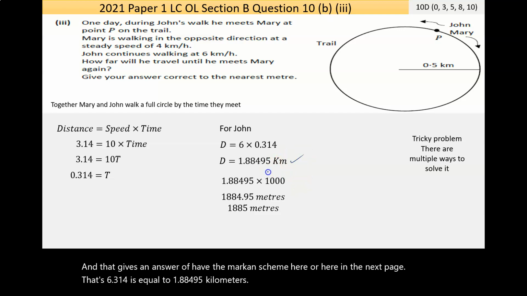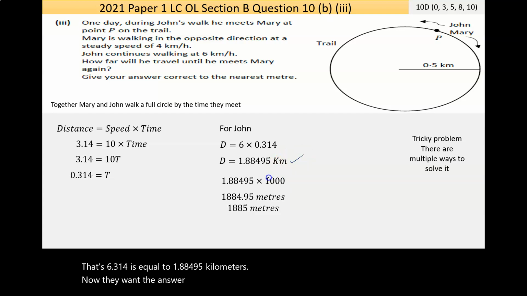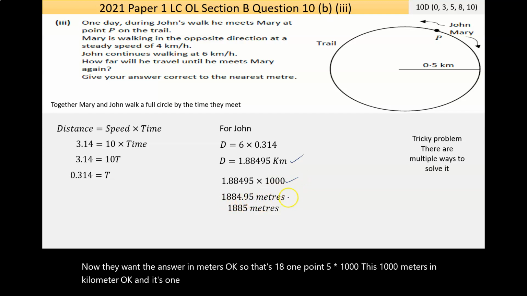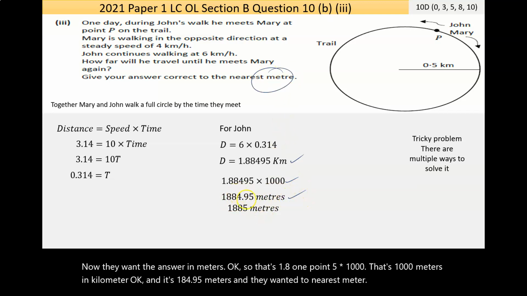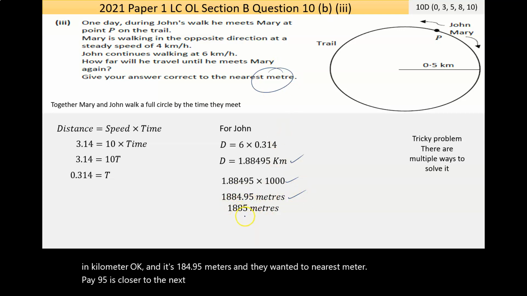Now they want the answer in meters. So that's 1.88495 times 1,000, because there are 1,000 meters in a kilometer, and it's 1,884.95 meters. They want it to the nearest meter. 0.95 is closer to the next number, so it goes up to 1,885, and that's it.